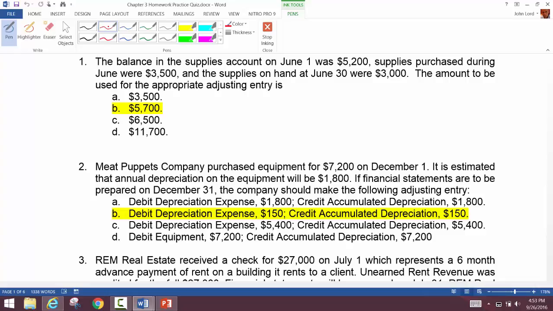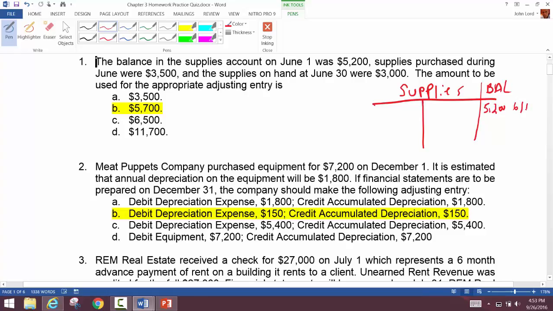So what's happening? We have our supplies account, and they tell us that the supplies account had a balance of $5,200 at 6/1.